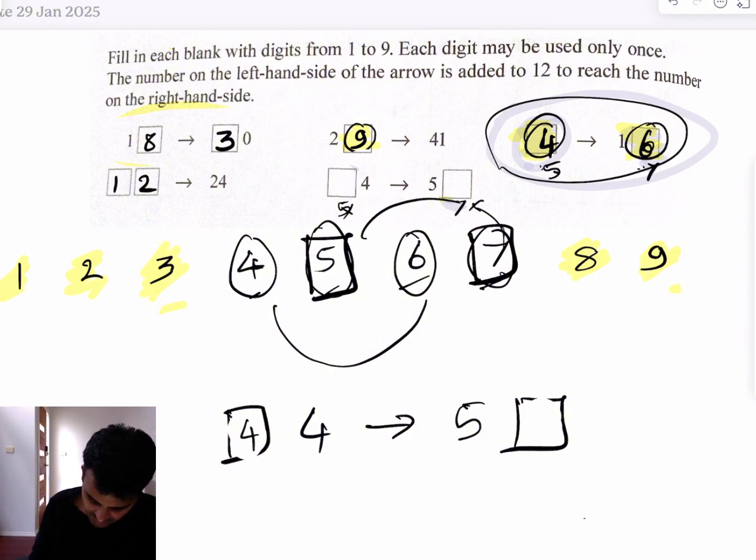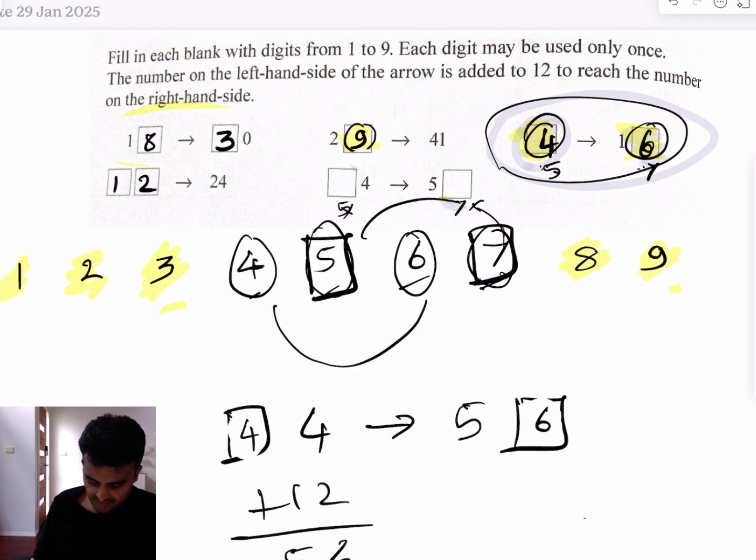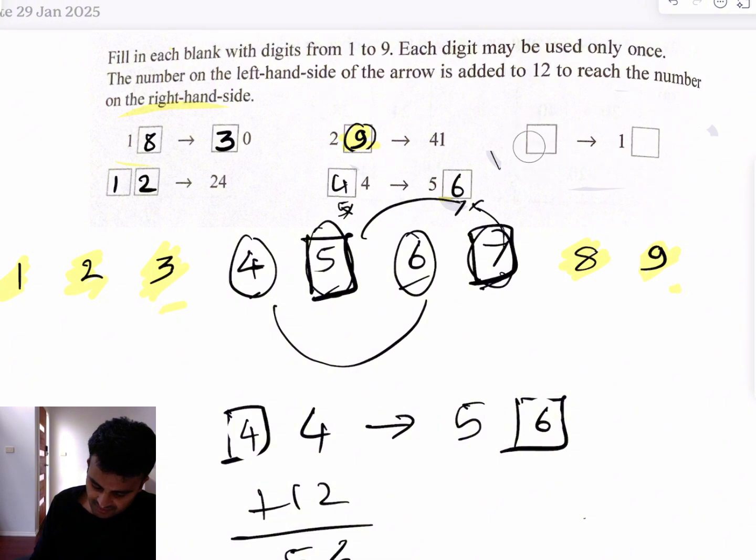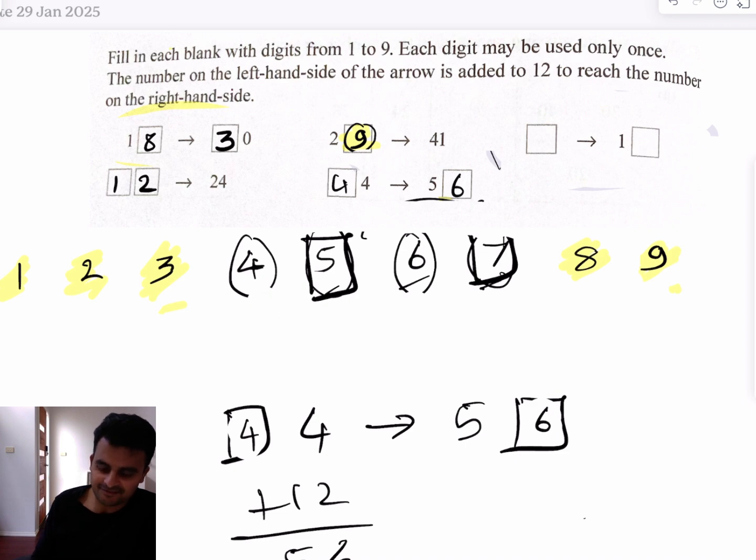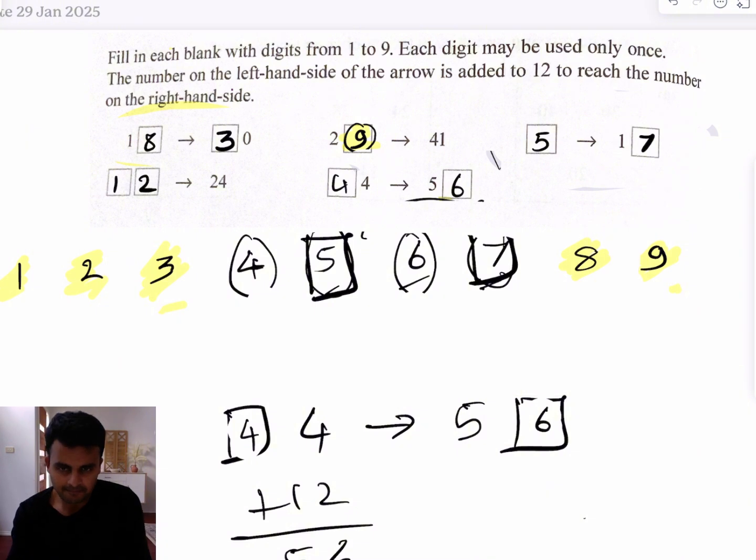So let's see if 4 and 6 work over here. 44 plus 12 is indeed 56, which means the correct answer over here is 4 and 6. And the only one which is remaining over here hence becomes, what is the correct answer? It's 5 and 7.